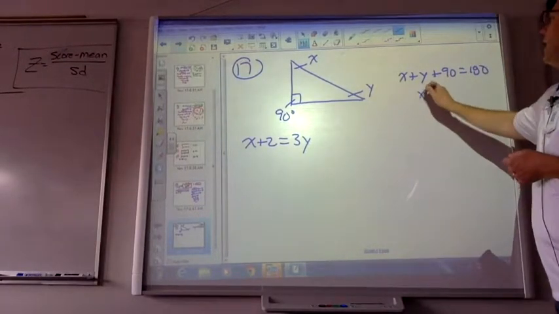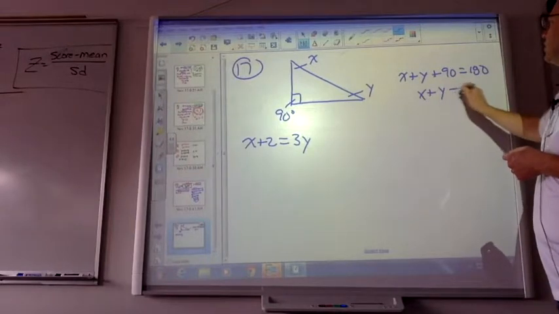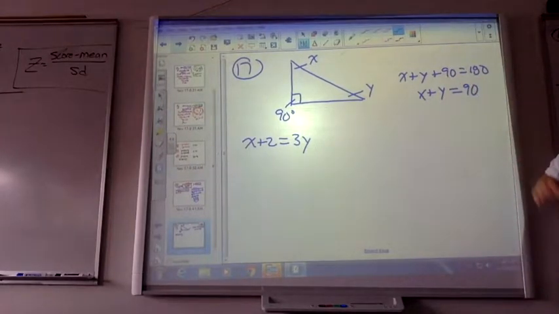So could I say this? And if so, how did I get there? If x plus y plus 90 equals 180, what reason does x plus y equal 90? What happened between the 2 blue equations up there?